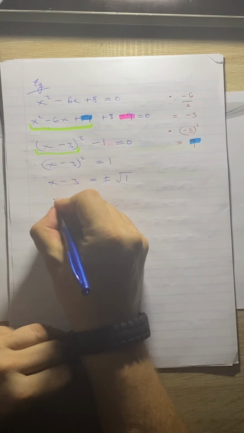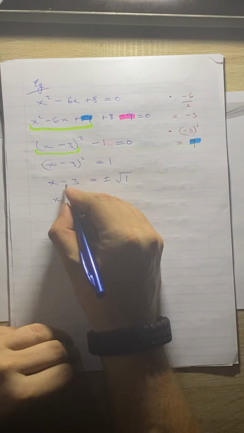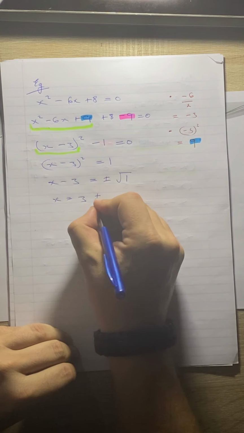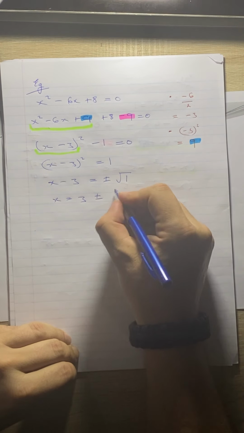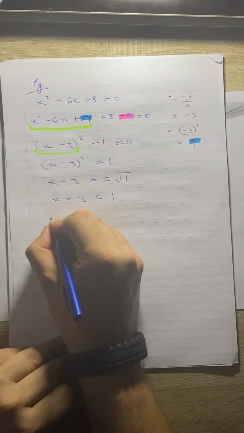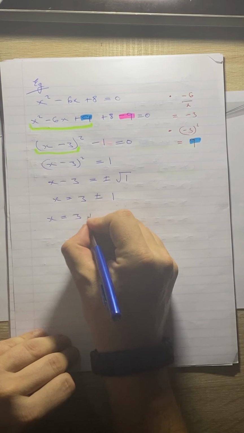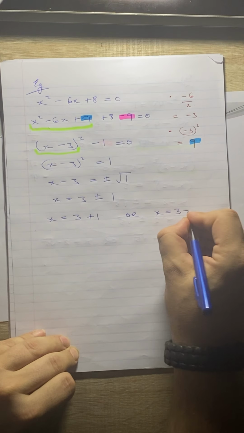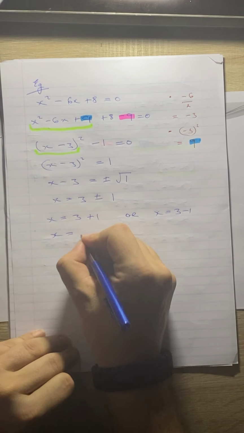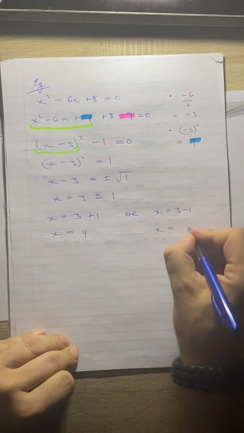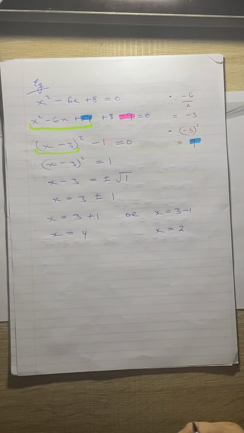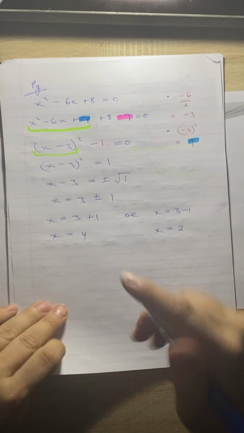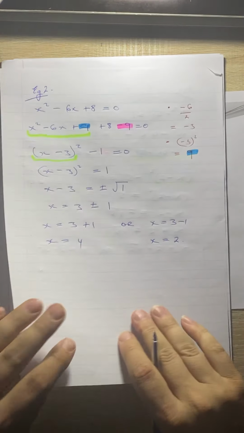So we get x is equal to, take the 3 to the other side, plus or minus, and the square root of 1 is 1. So x is equal to 3 plus 1, or x is equal to 3 minus 1. So x is equal to 4, or x is equal to 2. And we have solved it by completing the square. This is example 2.